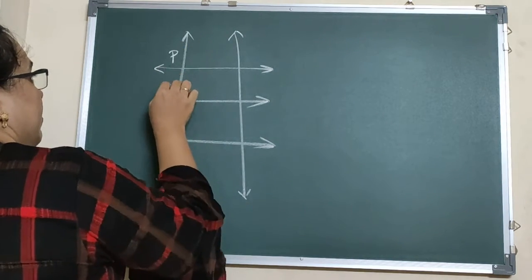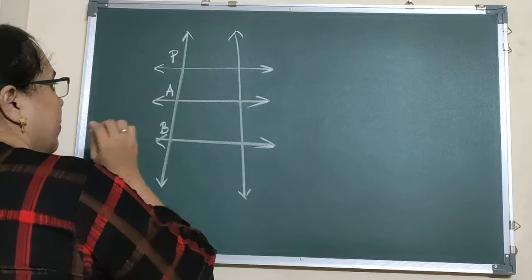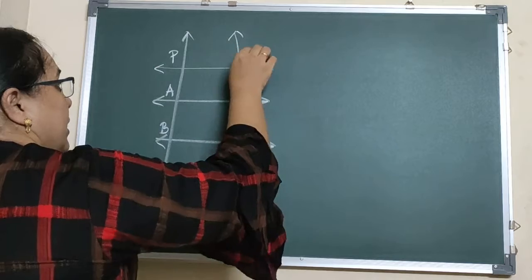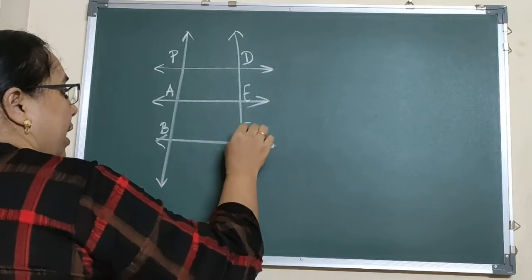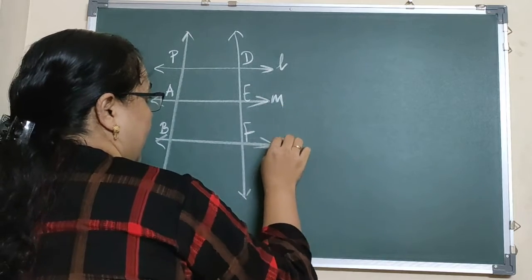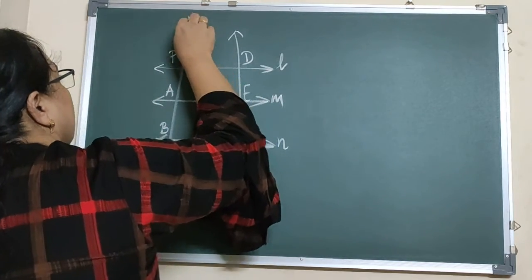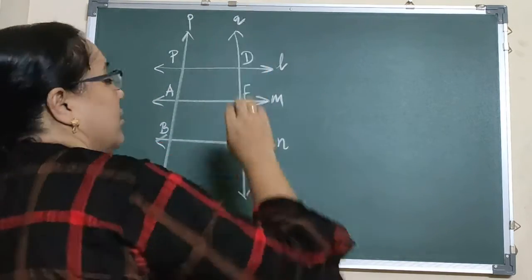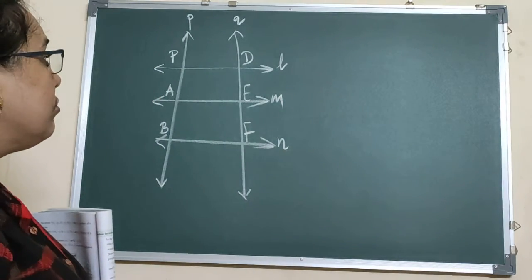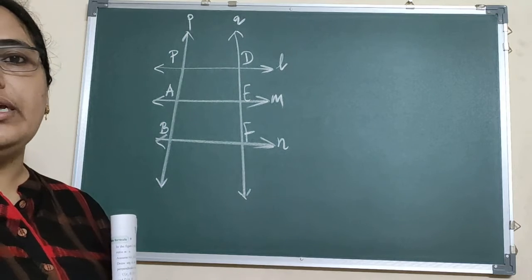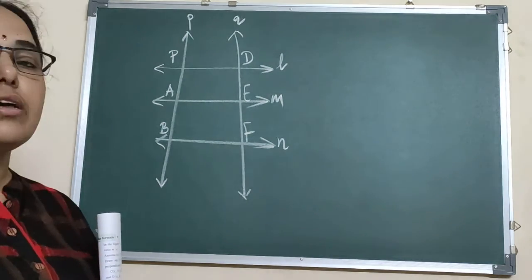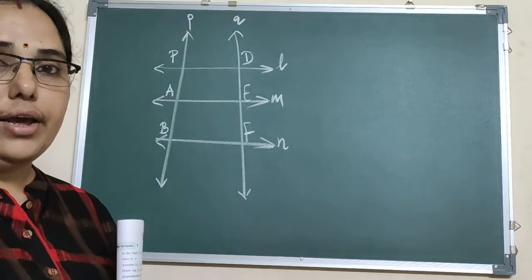I just named them P, A, B, and here we have D, E and F. Lines L, M and N are parallel. Here lines PQ are the transversals. So for this transversal you can see the transversal intersects the parallel lines at P, A, B, and transversal Q intercepts at D, E and F.